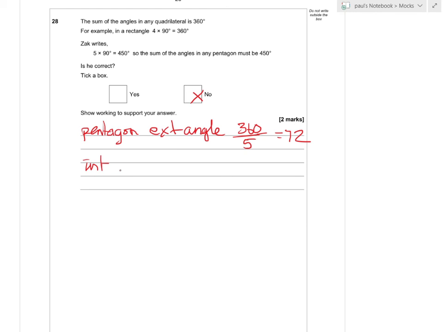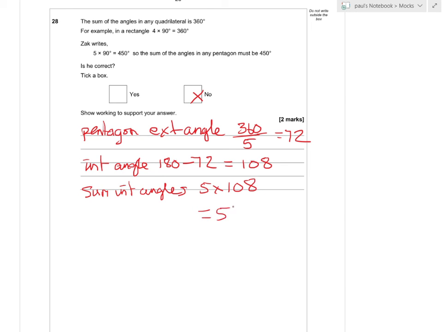The interior angle is 180 take away 72, which equals 108. The sum of interior angles is 5 times 108, which is 540. Not 450.